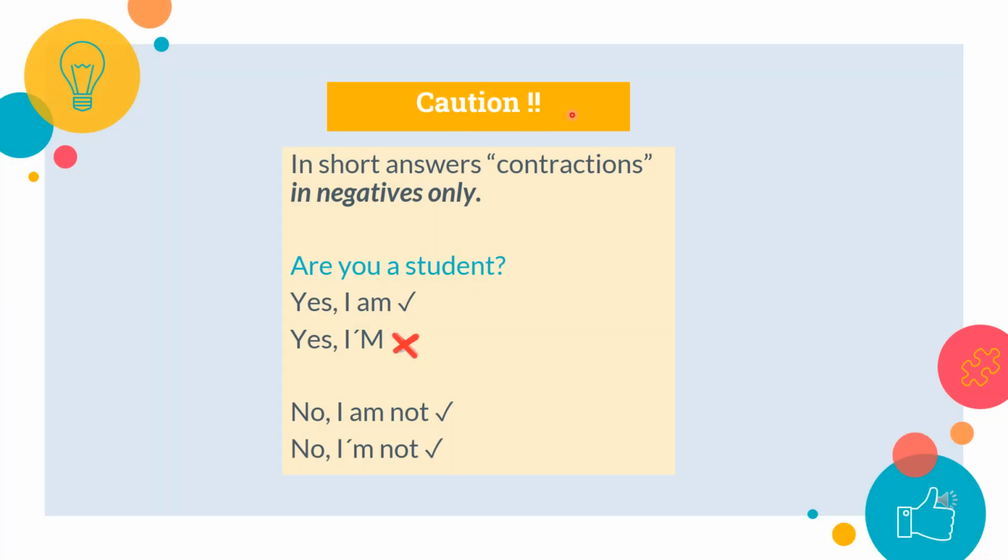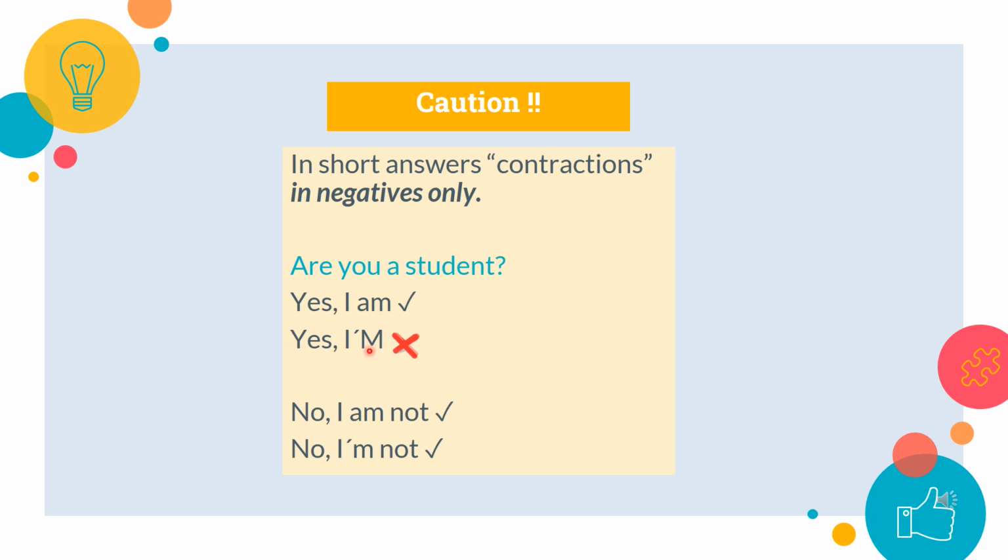But here we have a caution. We have to be cautious. In short answers, we use contractions in negative sentences only. For example, are you a student? Yes, I am is for the affirmative. But we cannot use the contraction in this case.